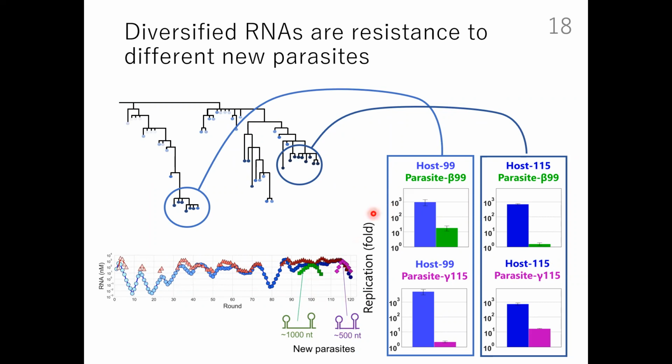And then we found that the RNA on this branch is relatively resistant to purple parasites, but the RNA on this branch is relatively resistant to green parasites. So they have different parasite resistance. Probably it is one of the reasons for diversification into different lineages.